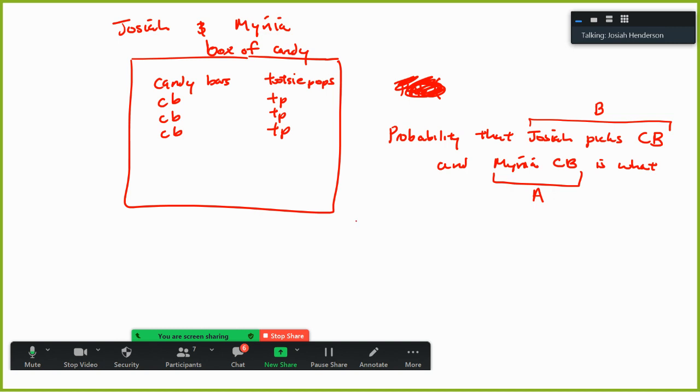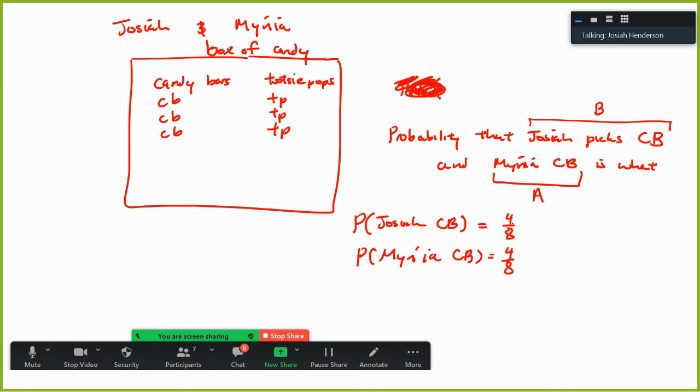So this time, the separate probabilities, probability that Josiah picks a candy bar and probability that Manaya picks a candy bar, if we figure them out separately, it's candy bar out of total, so that's 4 out of 8 and 4 out of 8. Those are the separates, like the general probabilities.